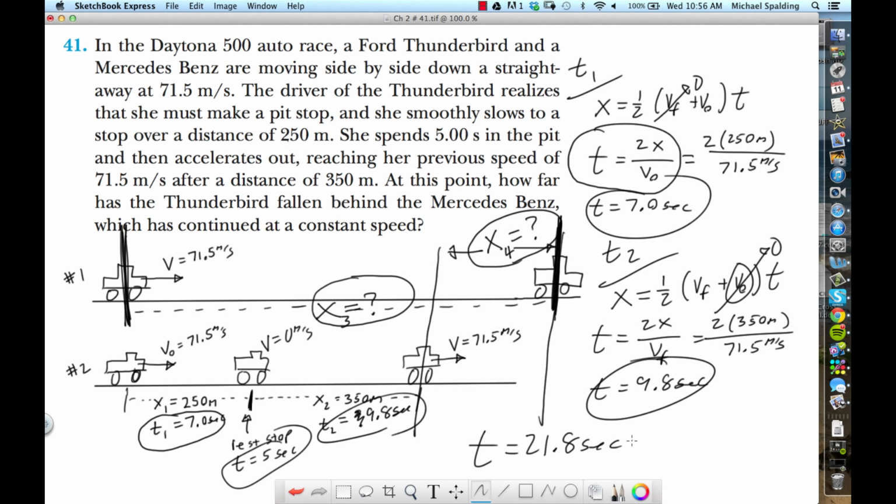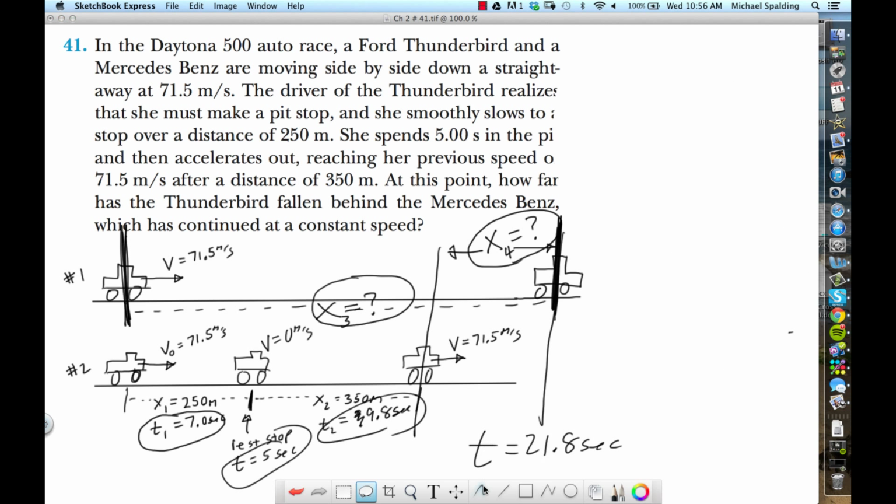So we're almost done now. We now know how much time went by. Now we focus on car 1 and we solve for the total distance that car 1 traveled during the 21.8 seconds. To do that, x equals 1/2 a t squared plus v initial times t.